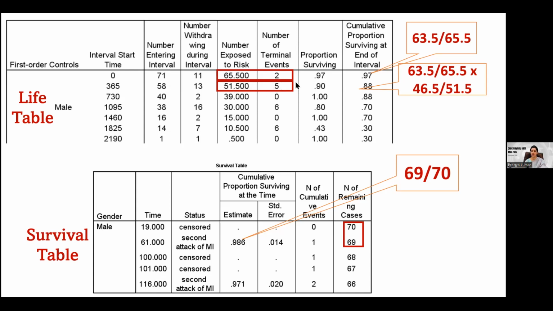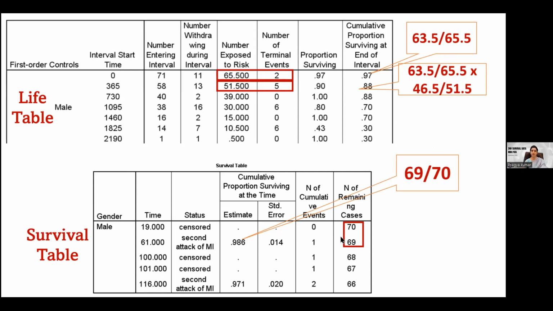So this 5 you will deduct. So it will be 46.5 by 51.5. But this cumulative probability is the first probability multiplied by the second probability. This calculation is running in the background in case of a life table.